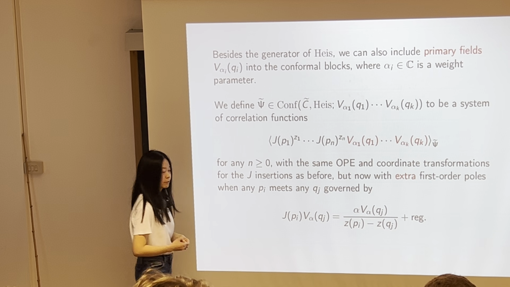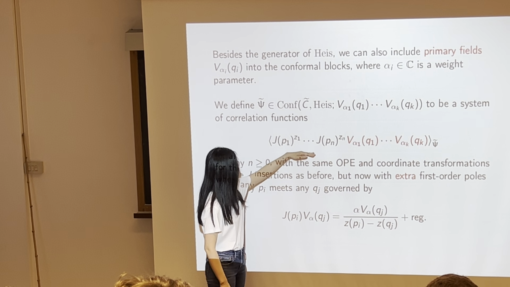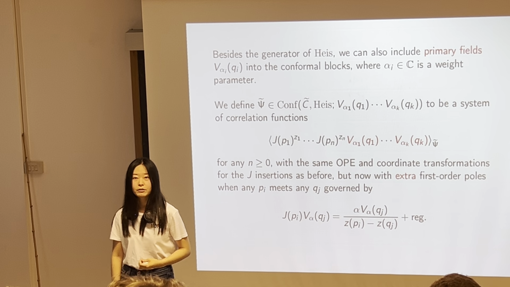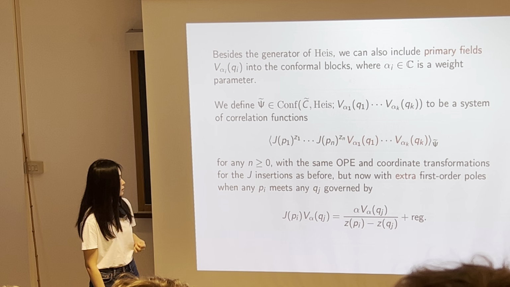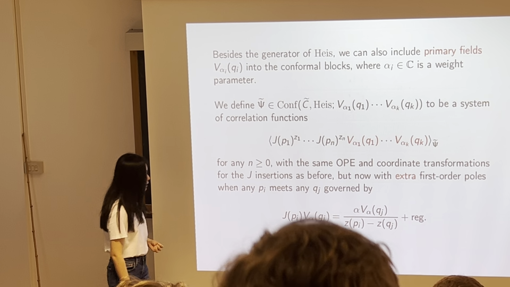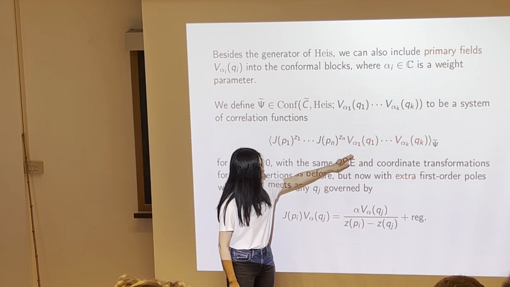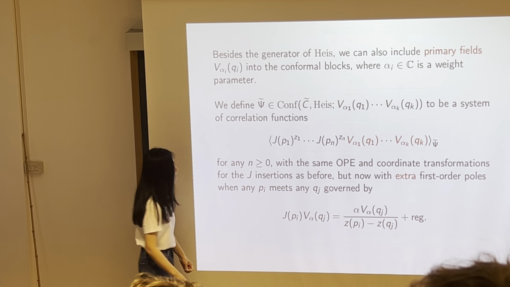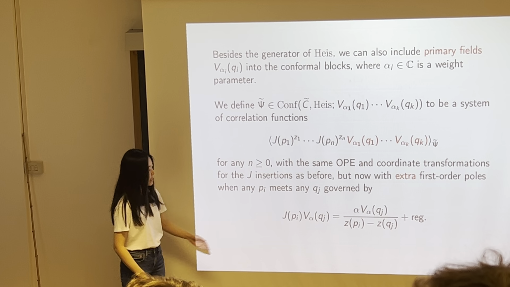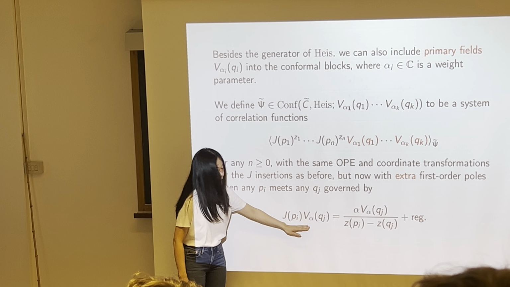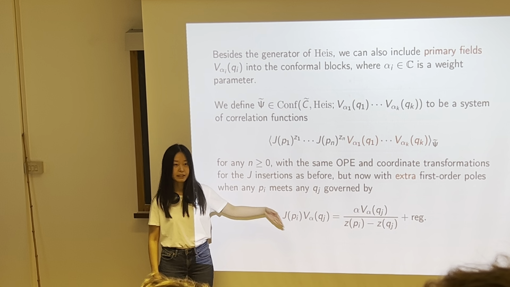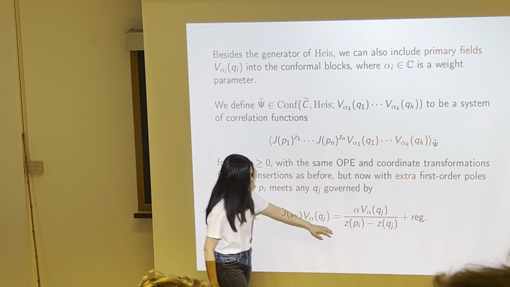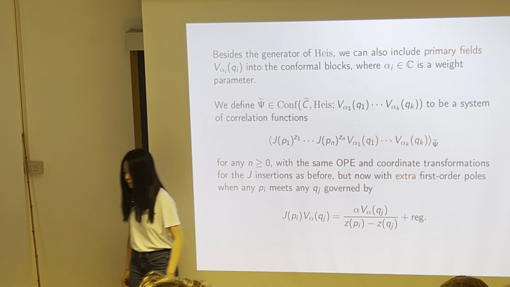Just as before, if we simply look at this part involving J, we still require the same type of singularity behavior, and the same transformation under the change of coordinate. But now, because we have those extra insertions, we need to add a condition for the extra first-order pole coming from the JV OPE. Actually, this is the defining property of the primary field V_alpha. So here we do have a first-order pole and alpha appears as the coefficient.